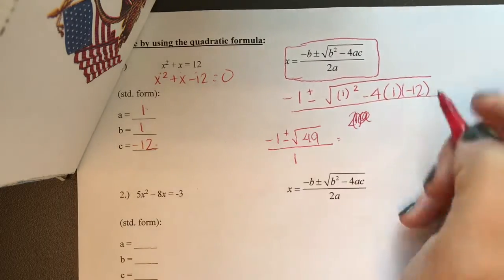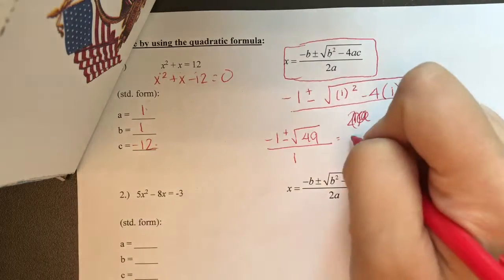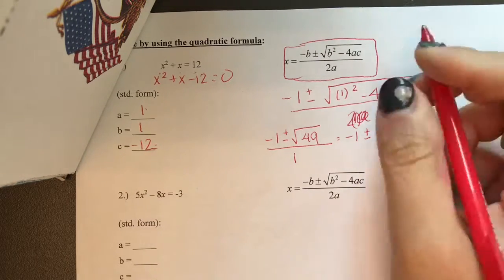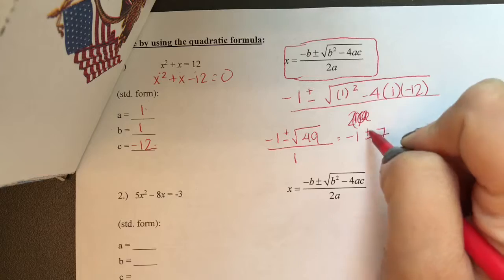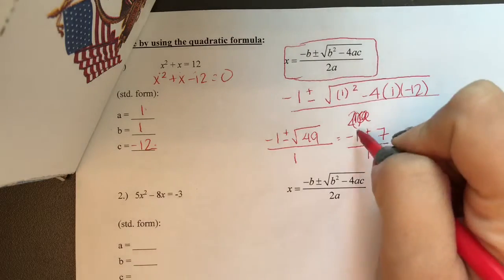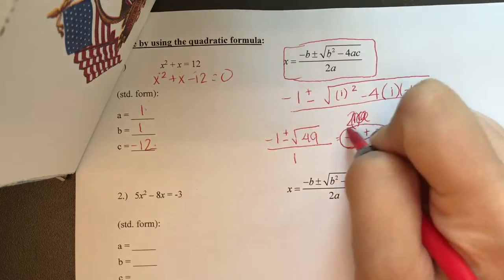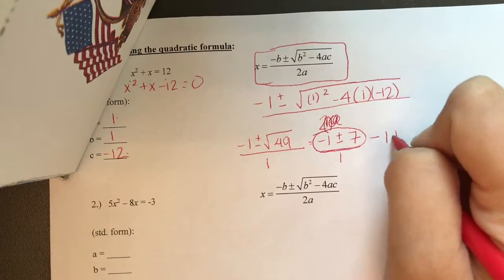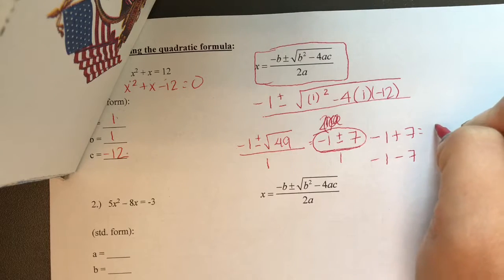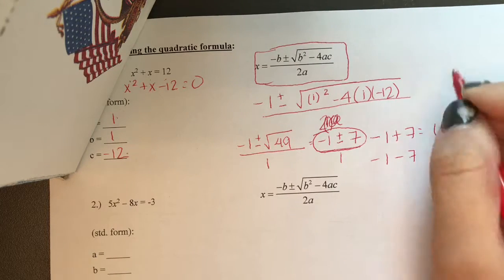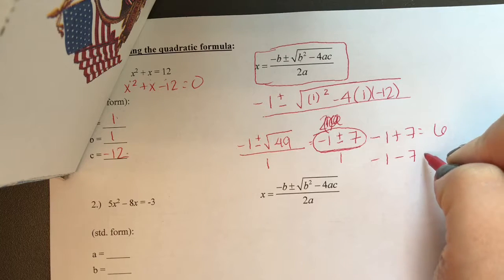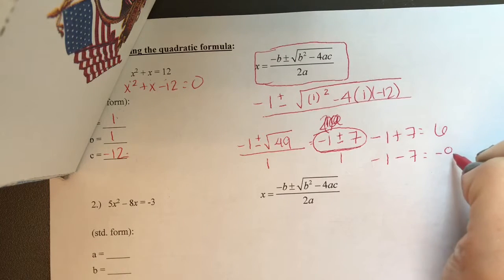You can take the square root of 49. It is positive, so it's just negative 1 plus or minus 7. Remember, every square root has two answers, so there it is, plus or minus 7 over 1. Anything over 1 is just itself, so really I'm just going to take this and do negative 1 plus 7, negative 1 minus 7. One of the solutions would be 6. The other solution would be negative 8.